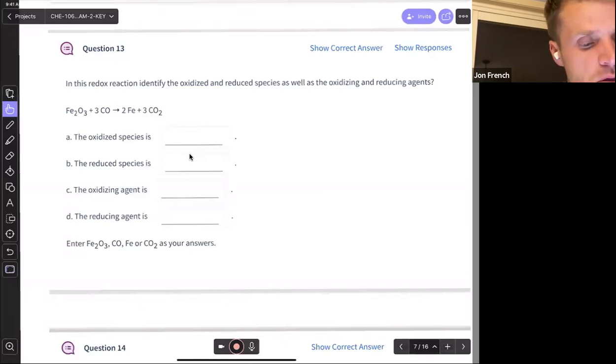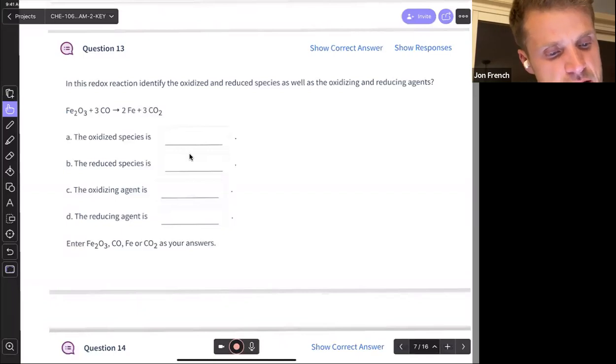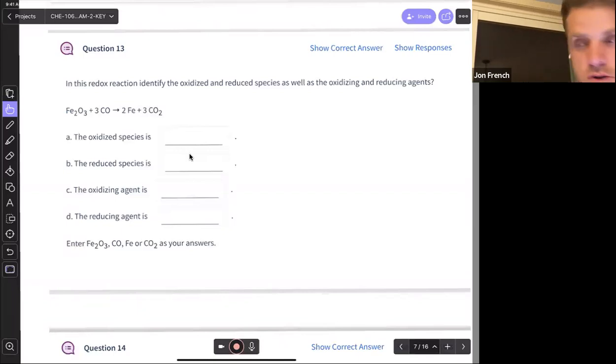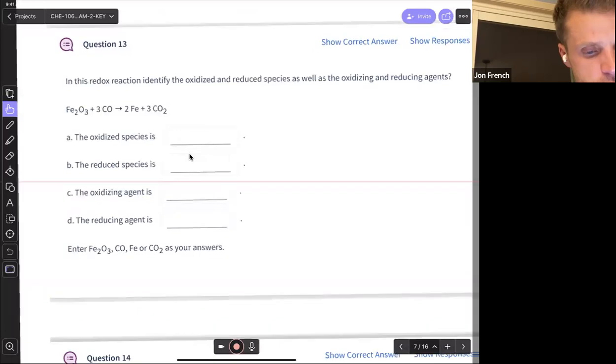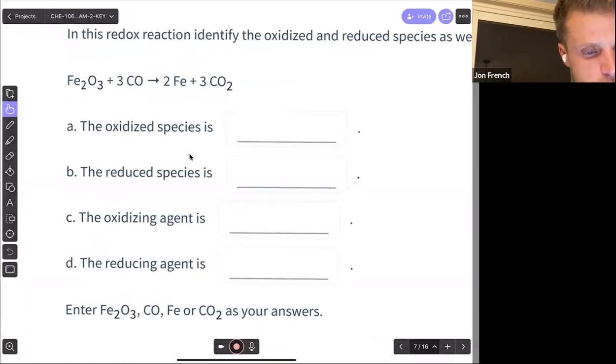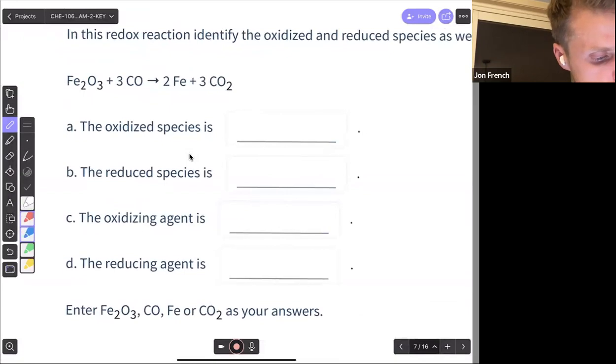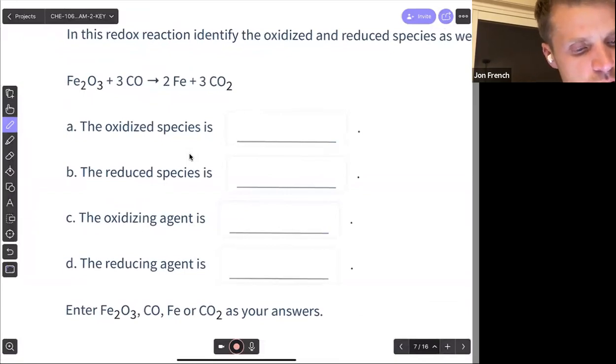So, right, in this redox reaction, we can assign charges. We can assign a few charges here. All right, so iron 3 oxide, iron is 3 plus, oxygen is 2 minus.